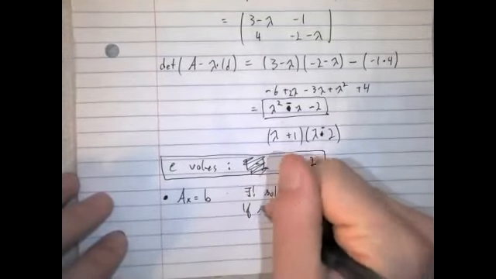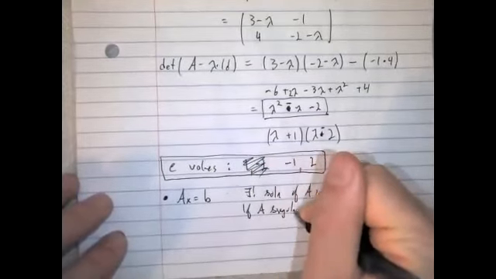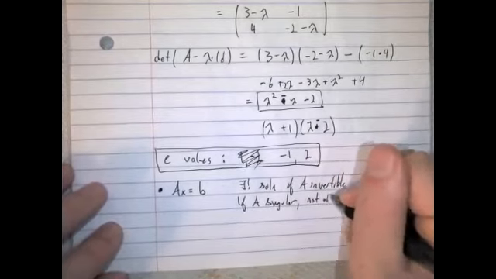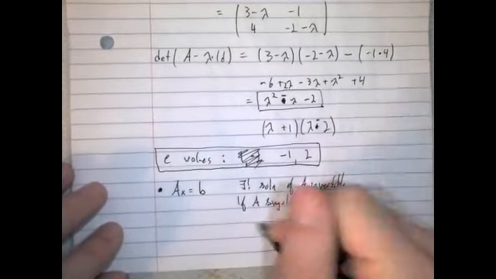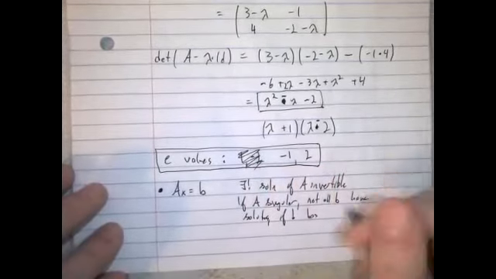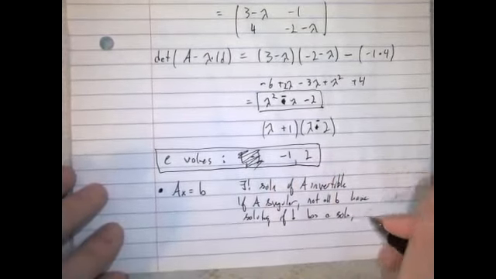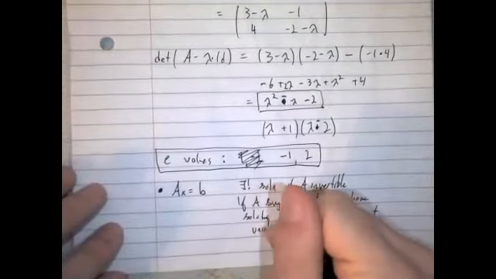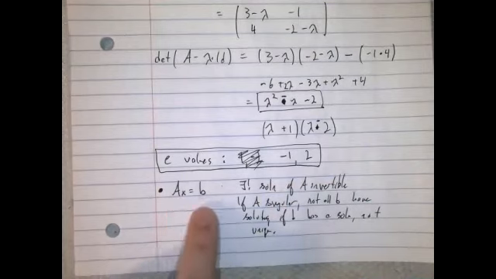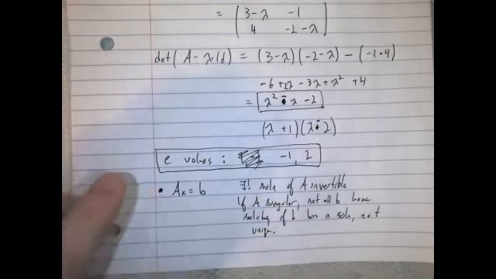If A is singular, it may not have solutions, or not all B have solutions. If B has a solution, it's not unique. So this is some basic idea about when you can solve linear systems.